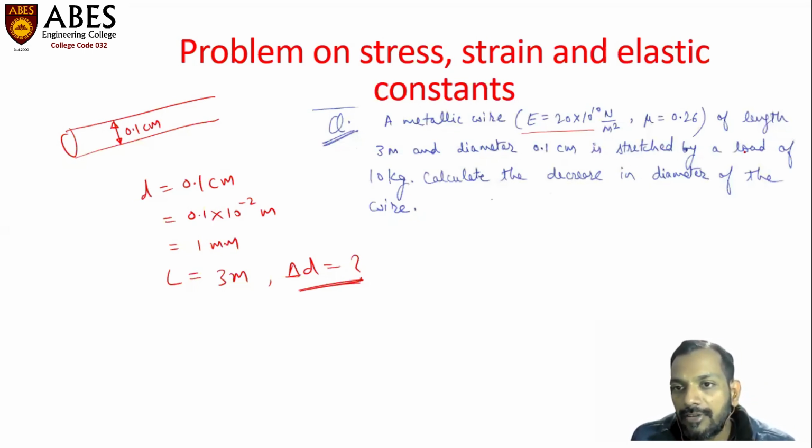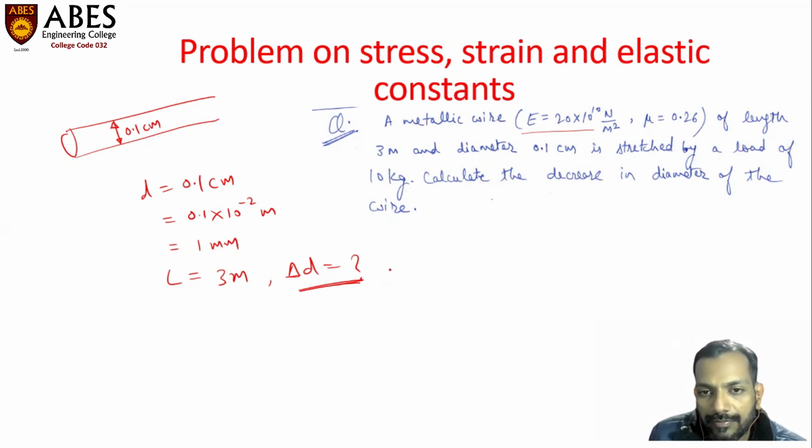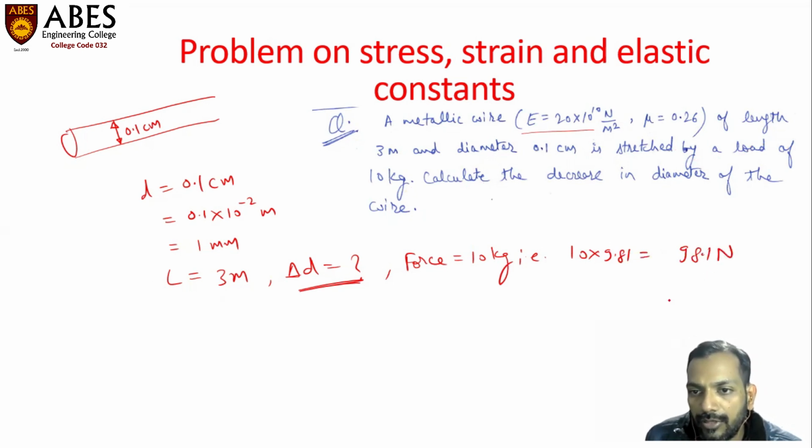The wire is stressed by a load of 10 kg. So one more data is given here. Force is 10 kg. That is 10 multiplied by 9.81, which is equal to 98.1 newtons. This is the amount of force which is acting.